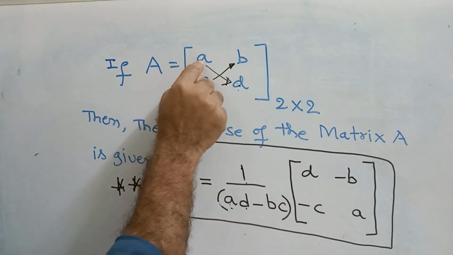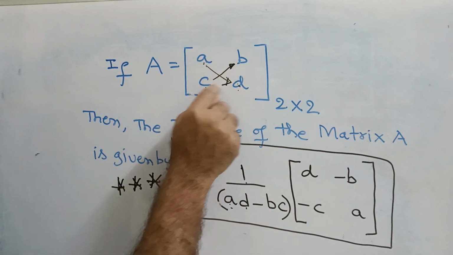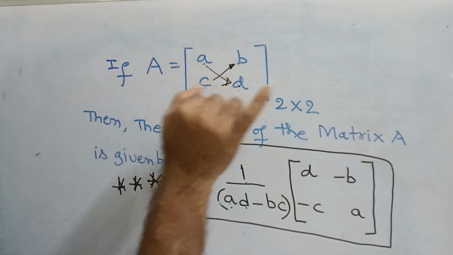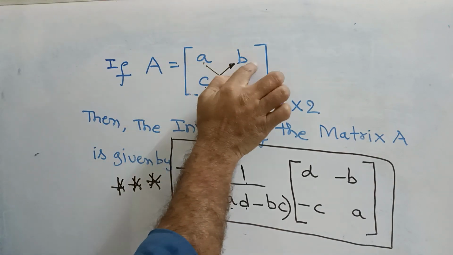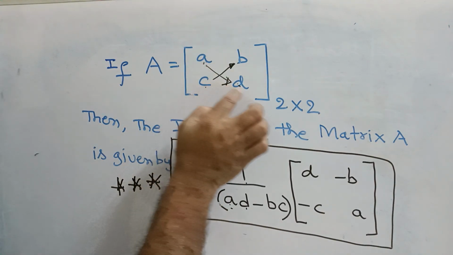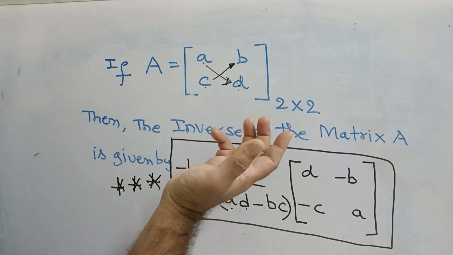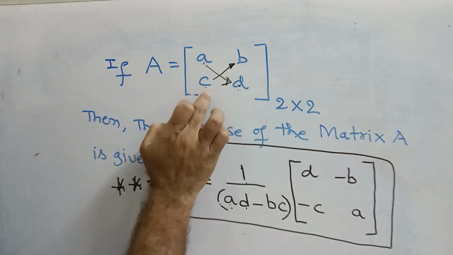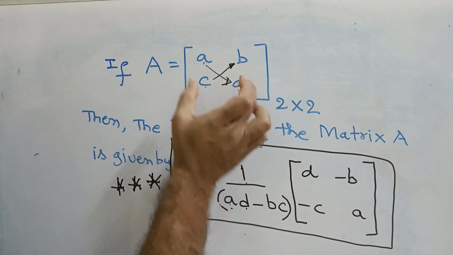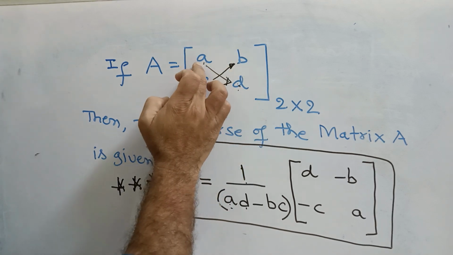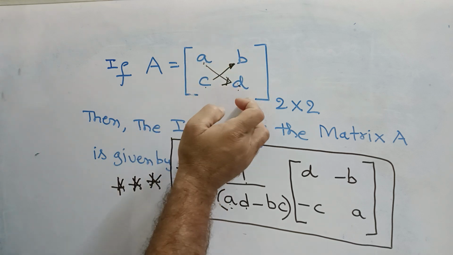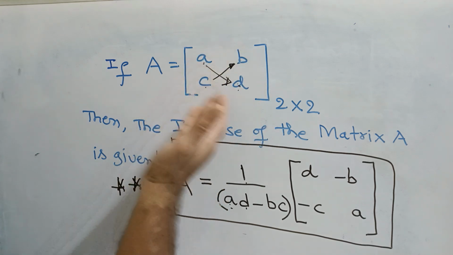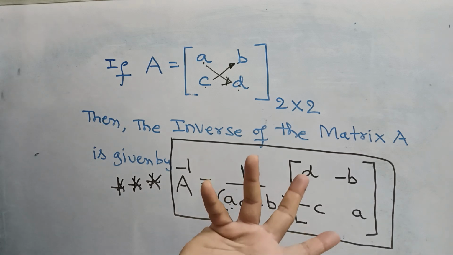Then consider 1 as A, 2 as B, 3 as C, and 4 as D. Clear? Then you know the A value, B value, C value and D value. Substitute those elements in the given formula, then you will get the answer.